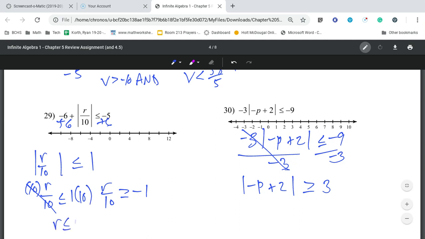R is less than or equal to 10. Undo division with multiplication. R is greater than or equal to -10. It's a less than, so it's an "and". So we're going to be less than or equal to 10, greater than or equal to -10, and connect them.